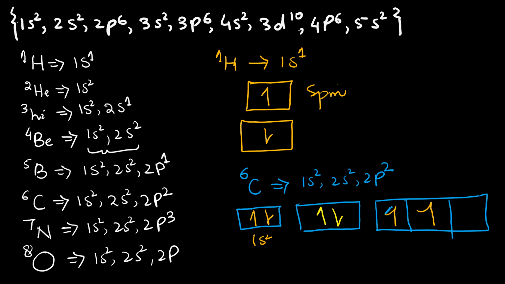Now please keep in mind that according to Hund's rule, electrons will initially be present with the same spin, and when the same spin is completed across the orbitals, then opposite spins of electrons can be incorporated inside the orbitals of the subshell.